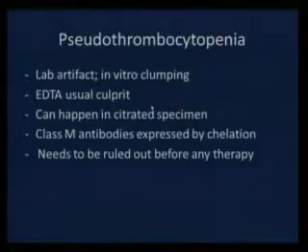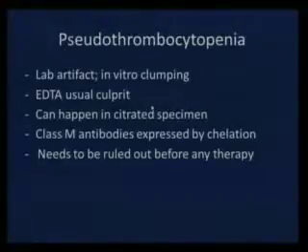It's a lab artifact. EDTA is the usual culprit, but for example, if a patient is on eptifibatide and presents with pseudothrombocytopenia, we send the patient's blood in a citrated sample, and the patient still shows thrombocytopenia.